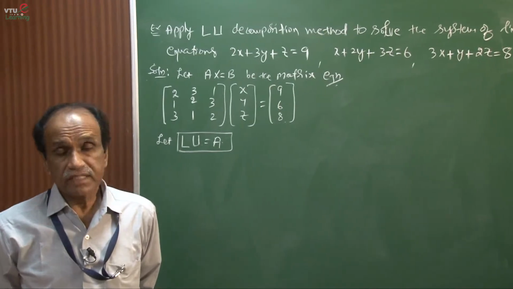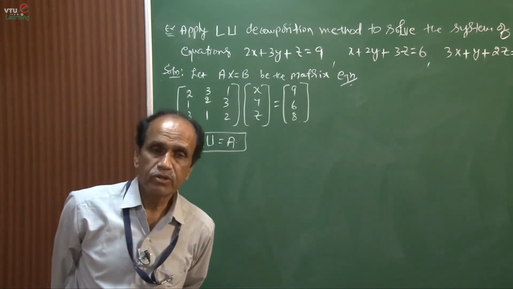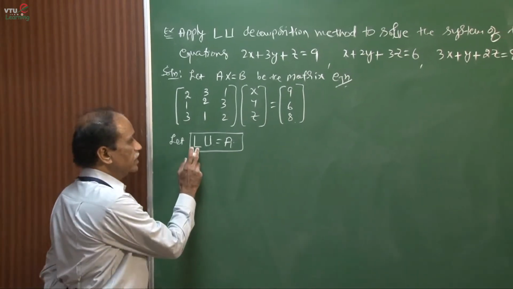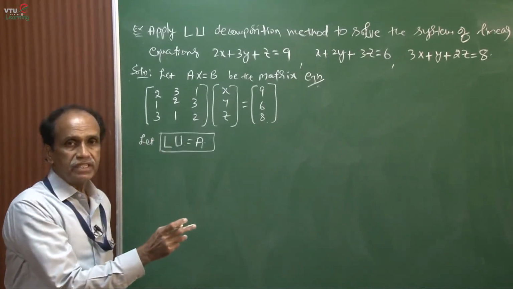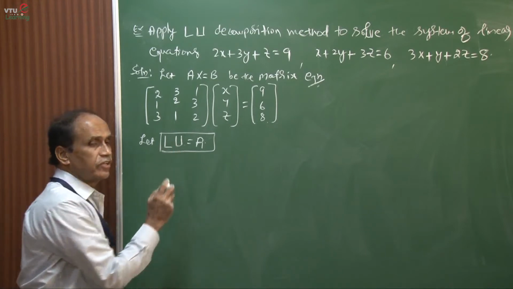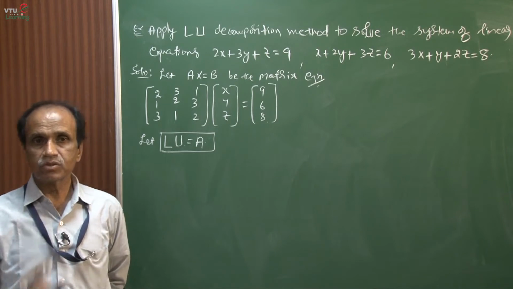By taking maximum care, for any one of these two, you have to make the diagonal elements as unity. Either for L, if you write the diagonal numbers as unity, do not write for U. If you write diagonal elements as unity for U, do not write for L. This is to be remembered so perfectly.